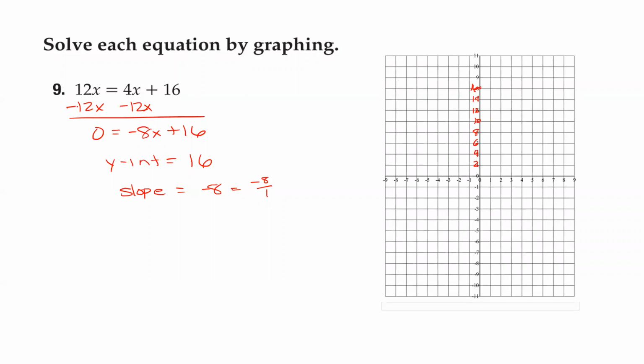Remember, these are by 2, so 2, 4, 6, 8, and to the right 1, and then down 2, 4, 6, 8, and to the right 1. Okay, so notice it's going to cross my x-axis at +2. So that is my solution. Okay, x is equal to 2.